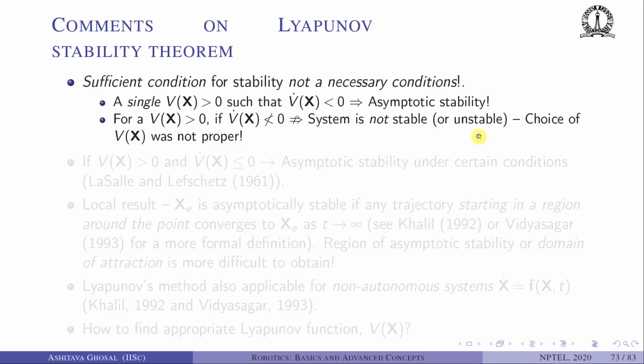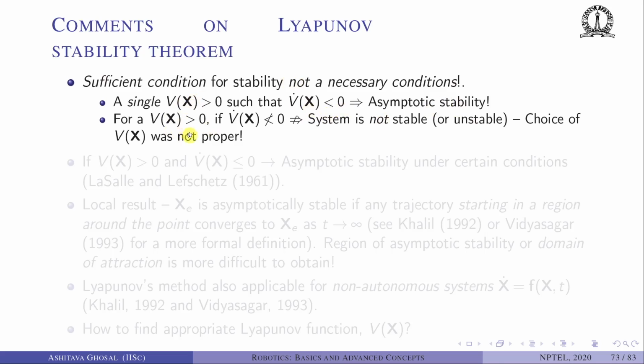Okay, this is one of the very funny theorems, in that it is a sufficient condition for stability, not a necessary condition. What do I mean by that? If you can somehow find a single V of x greater than 0 such that V dot of x is less than 0, it guarantees asymptotic stability.